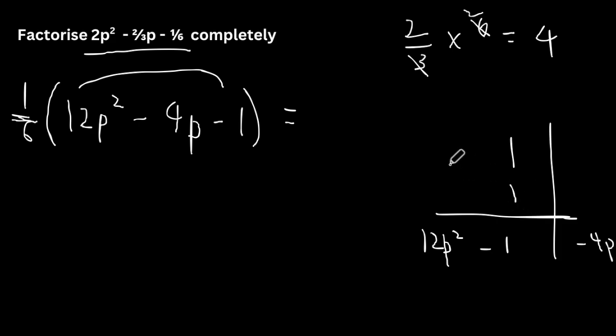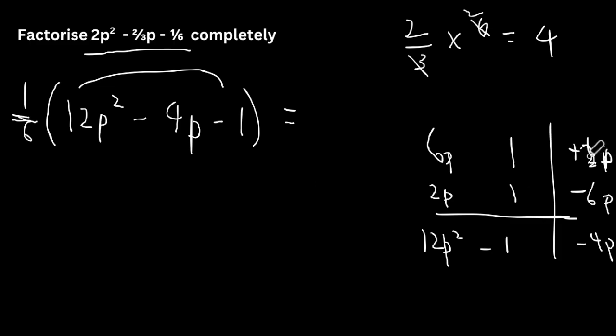So we can say 6p, because plus 2p minus 6p will give me minus 4p. So minus 6p here, sorry, and then plus 2p here. So this is your plus 2p.